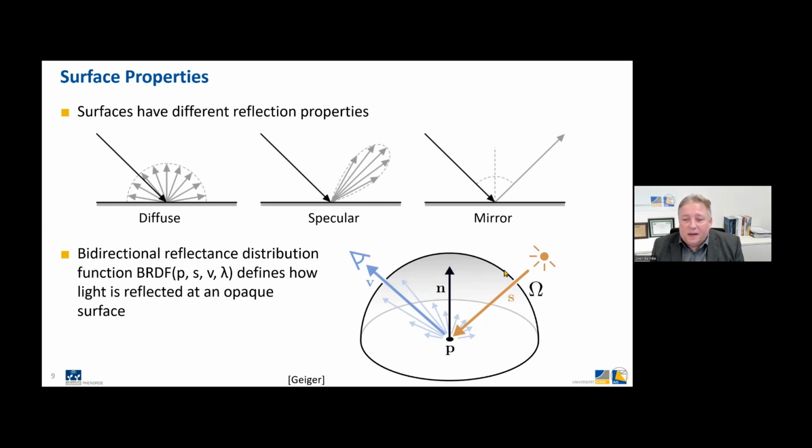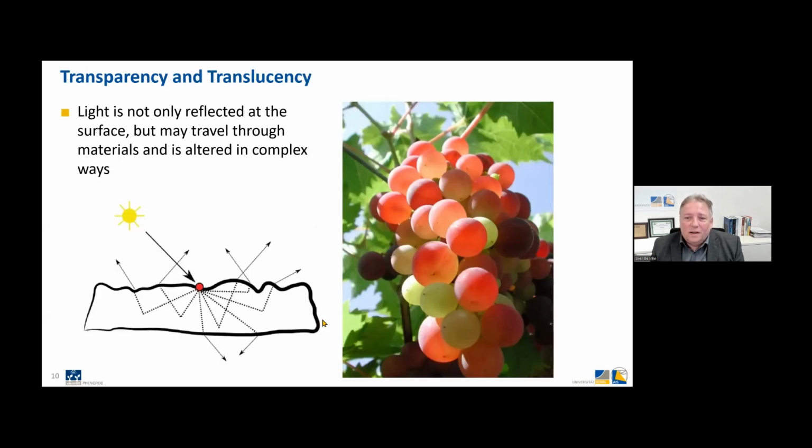And that depends on from where the light comes, from where we view, and then the surface normal. Furthermore, it's not just happening at the surface. Light is traveling also through the material, and all kinds of complex things may happen there. It may even leave the material at the other side. And then we have effects like transparency and translucency.